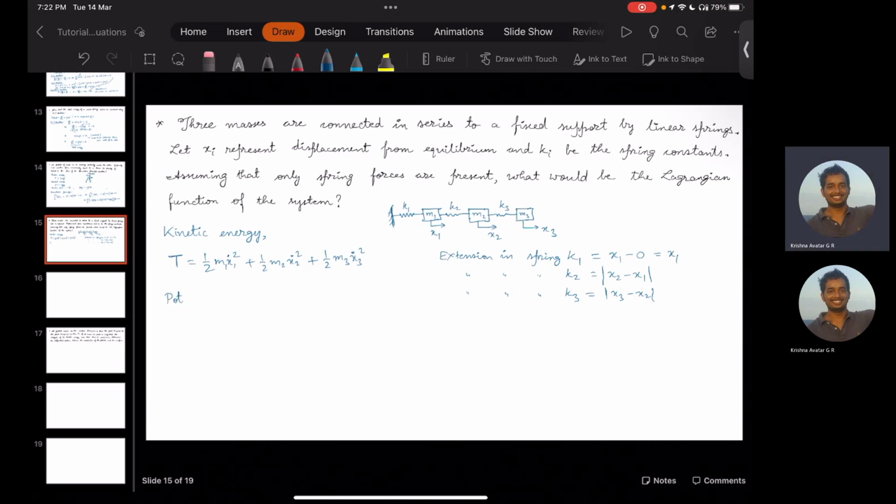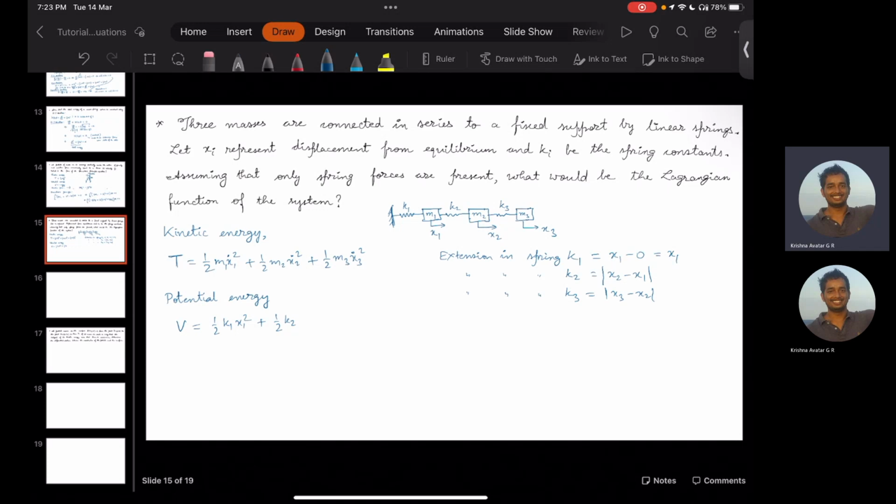And the potential energy, which in our case is the elastic strain energy stored in all the springs, is given by V equal to half k1 x1 squared plus half k2.